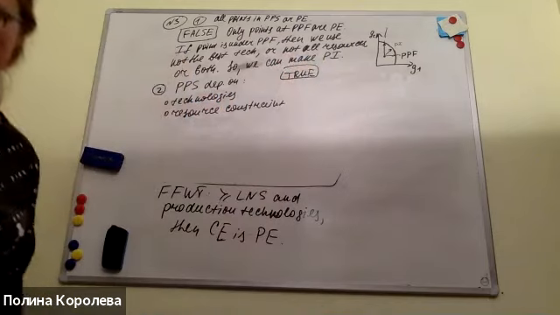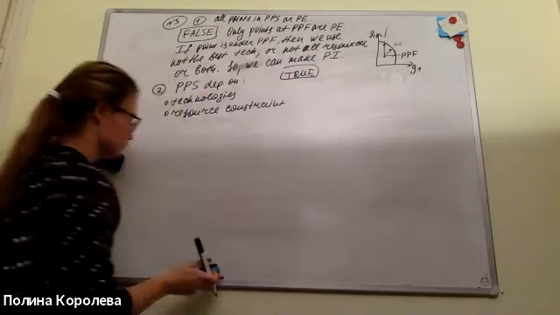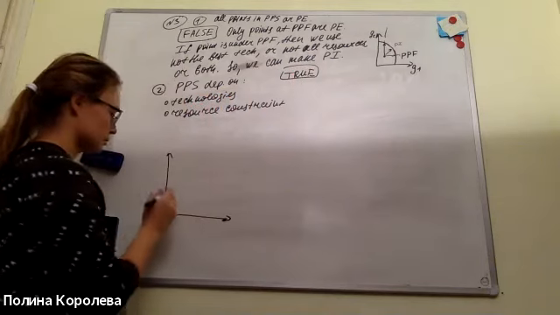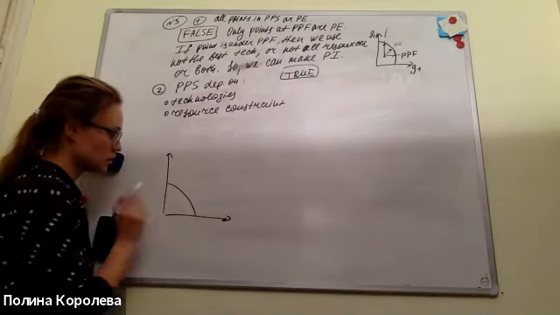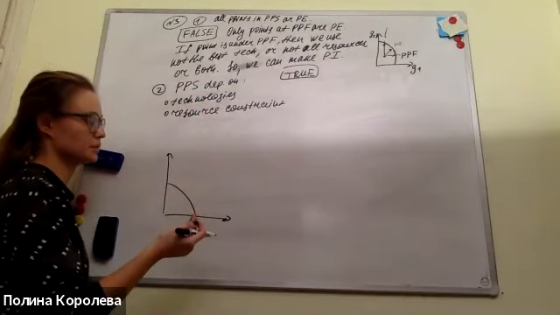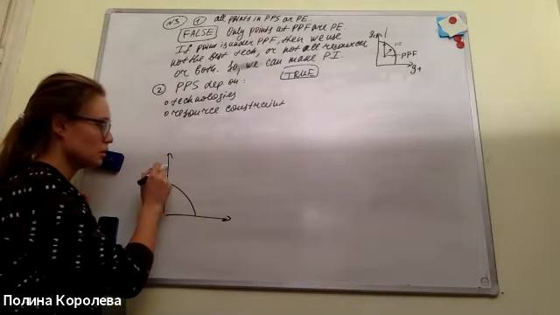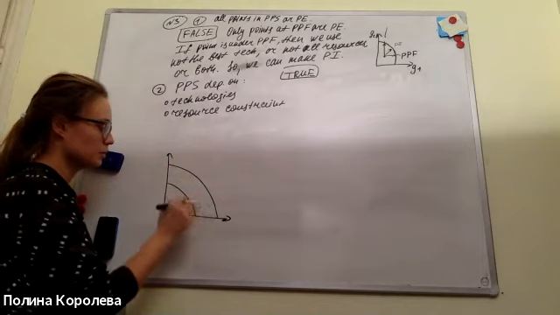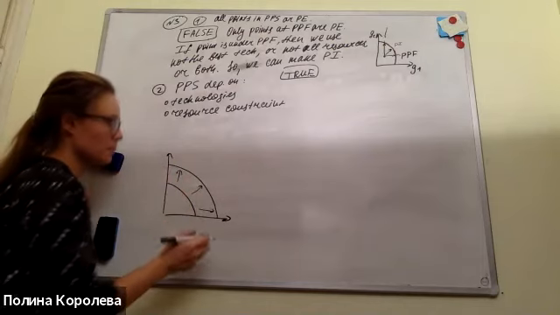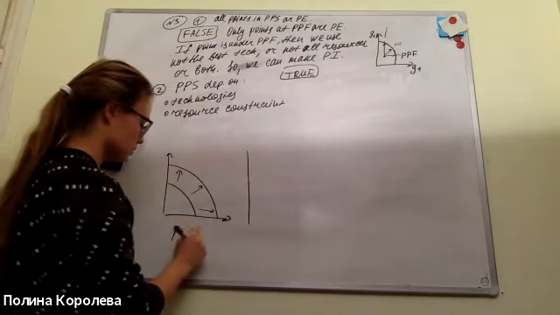I will show you examples. We had such a PPF, and then we increase the amount of resources, only resources, and technology does not change. So it will move like this. Here, here, here.